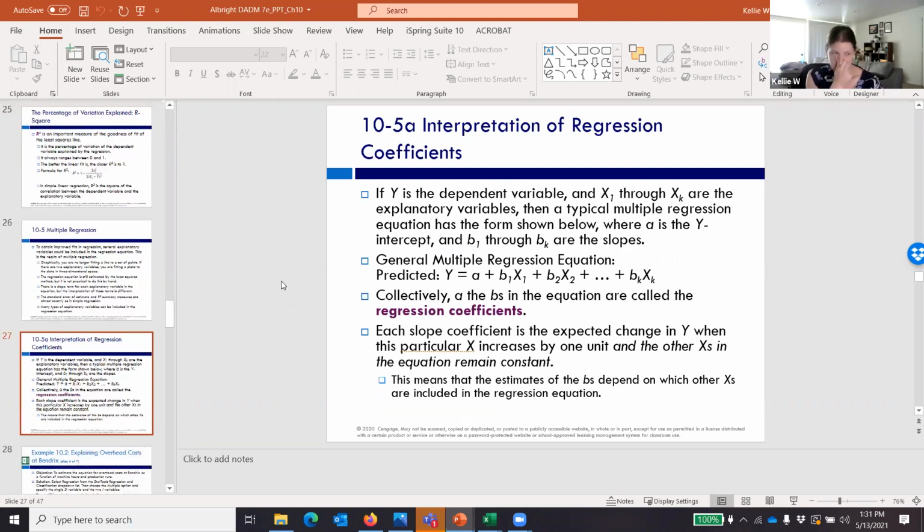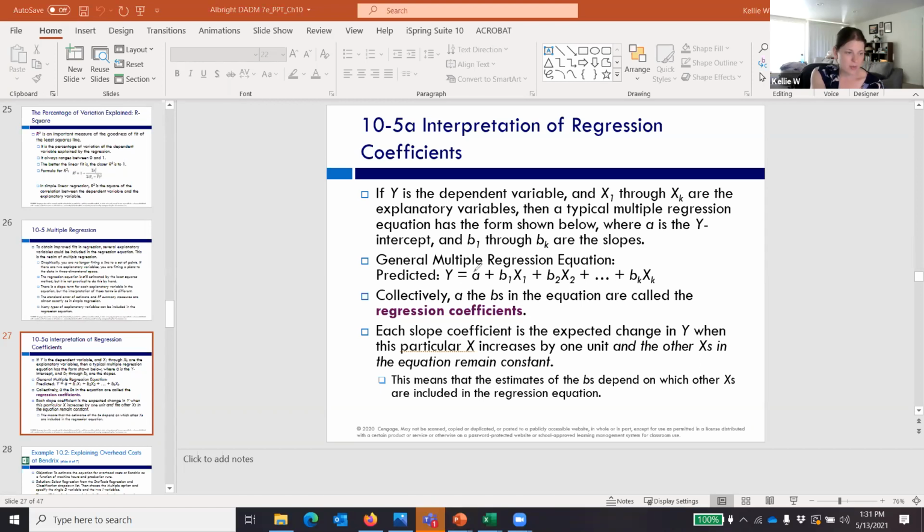When we're talking about regression coefficients, if y is our dependent variable that we're trying to predict, and our explanatory or independent variables are x1 through xk, our regression equation would look as follows. So let me grab my little thing.